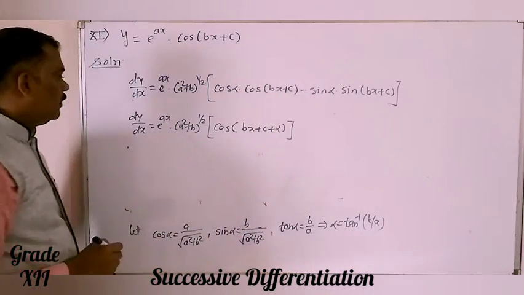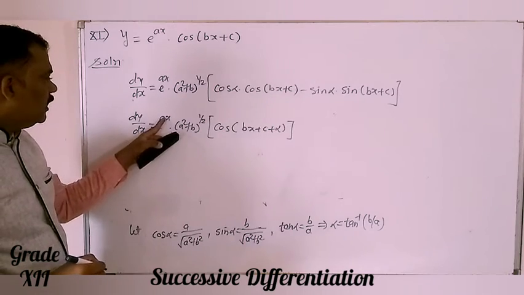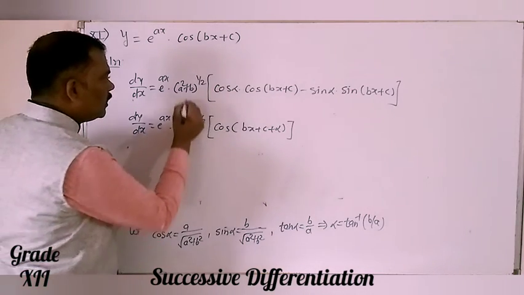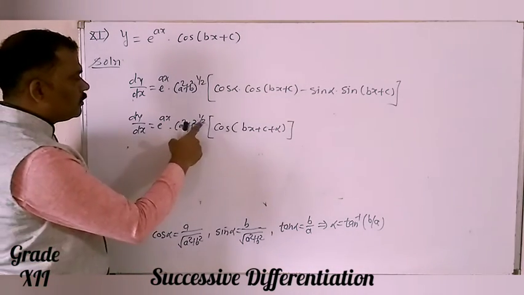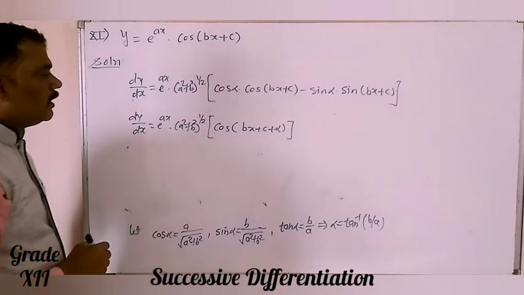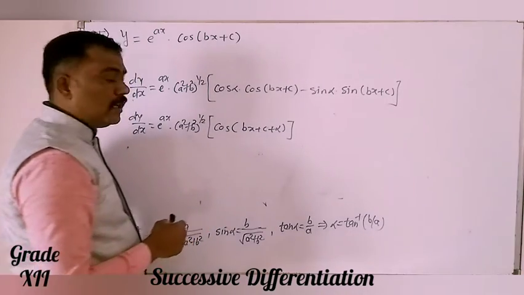So dy by dx is equal to e raised to ax into (a square plus b square) raised to 1 half into cos of (bx plus c plus alpha).